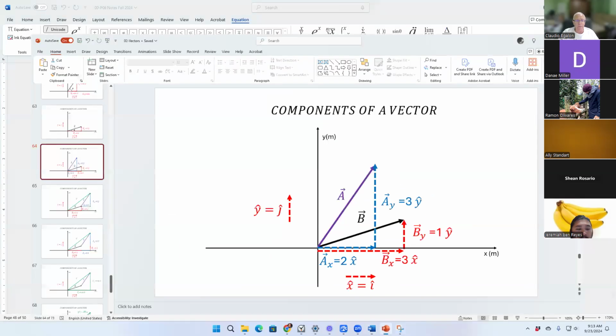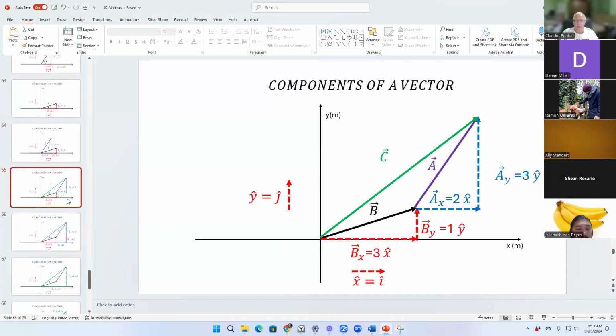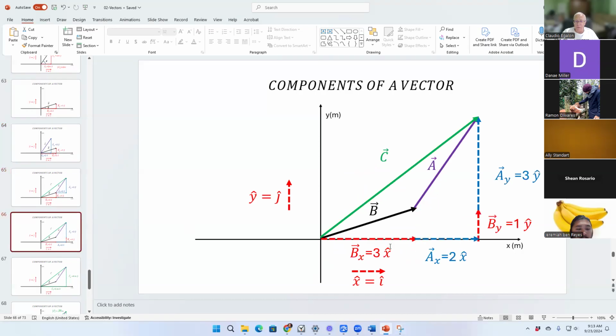Okay, but anyway, if you do this summation, the resulting vector is going to have an x component and a y component. It's a right angle triangle.